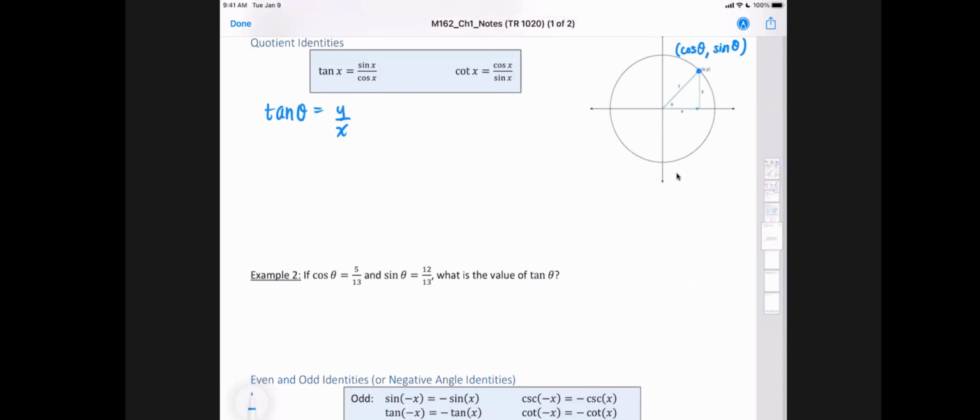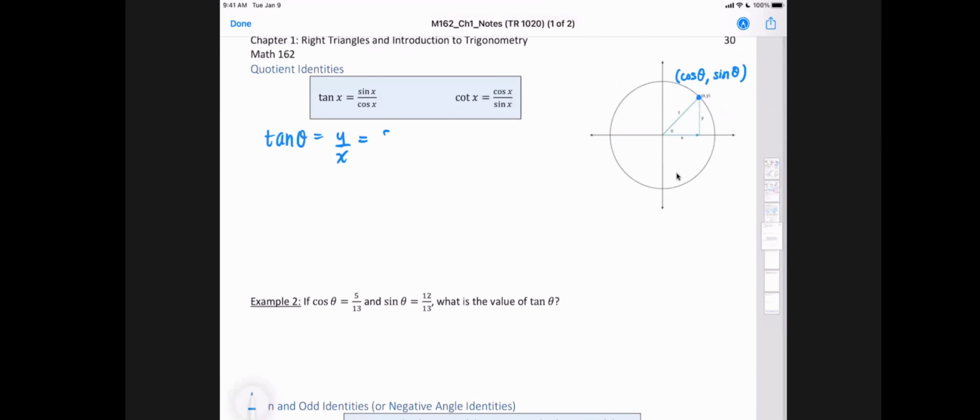So if we substitute, the y coordinate is sine, the x coordinate is cosine, and that's how you get that quotient identity, right? And then we know that the cotangent definition is x divided by y, so that ends up being cosine over sine.